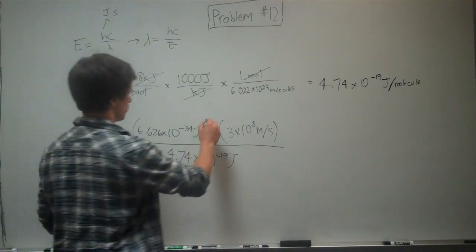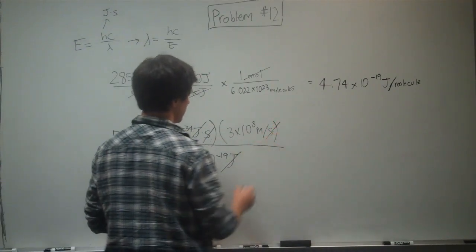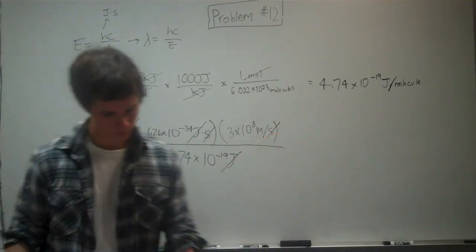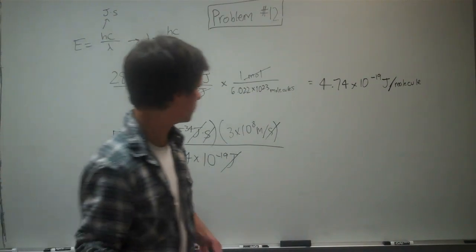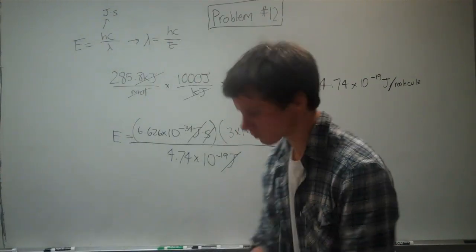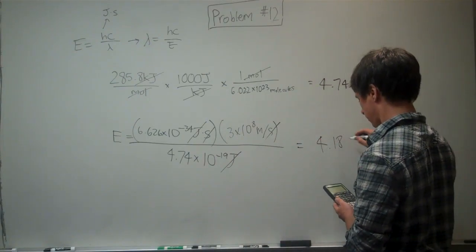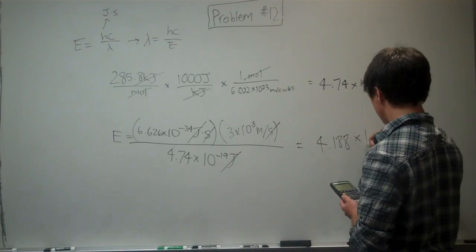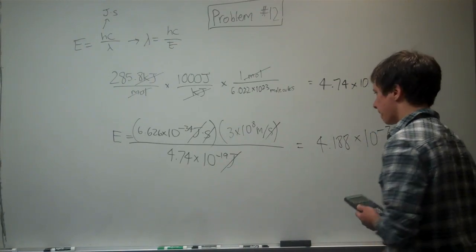Right? So the joules are going to cancel out. The seconds are going to cancel out. And you're going to be left with a quantity in meters. And that quantity is going to be 4.188 times 10 to the negative 7 meters.